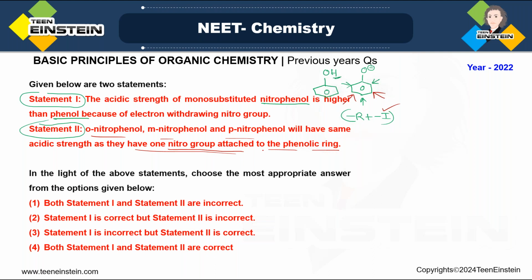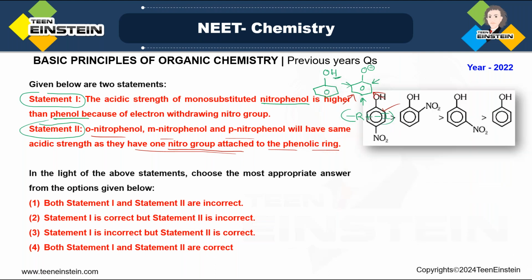That is the question. Though it is not exactly required to know the order of acidity in different types of nitrophenol, we will still discuss it, because if you get a question related to the acidity of different types of nitrophenol, then also you will be able to answer. So here the first three molecules are substituted, and this is simple phenol, which is at the last position.